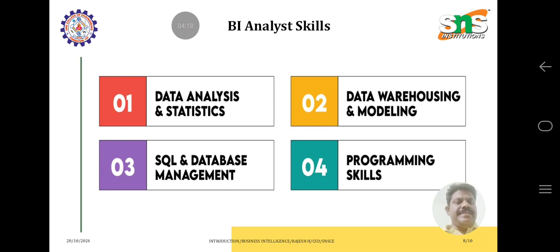One skill is data analysis and statistics, so they must be familiar with statistical and mathematical formulas. Data warehousing and modeling is another important skill, where they use various algorithms and techniques. Third, they use SQL query skills and database management knowledge. And fourth, they use their programming and logical thinking skills.